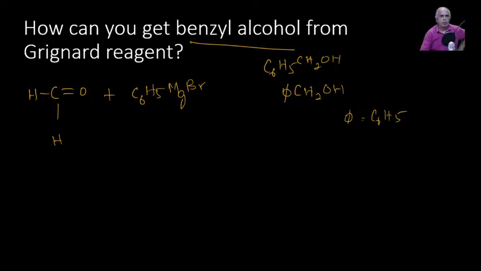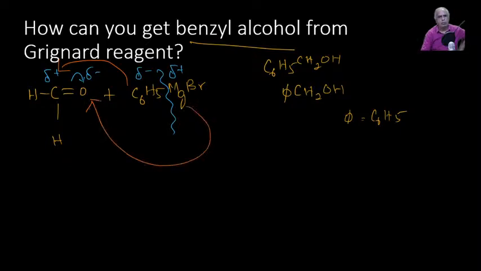Now you can cut this, plus minus pi electron transfer. Now C6H5 will go here and MgBr will come here. I hope now you can proceed. So H-C single bond, this is C6H5, and then this one is OMgBr.